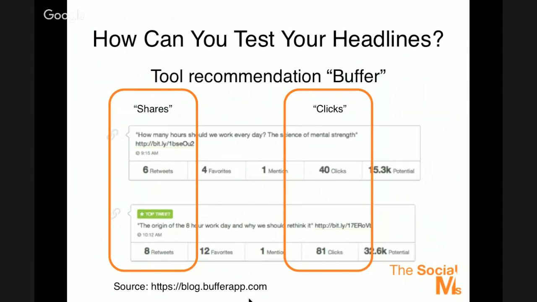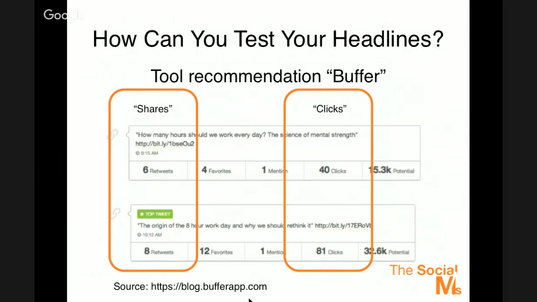But how can you really test how your headlines are actually doing? We recommend a tool called Buffer. Most of you probably know Buffer for scheduling content. But Buffer can do much more. It's actually a great tool for testing headlines, at least if you're using Twitter. You can simply tweet the same link with two different headlines.